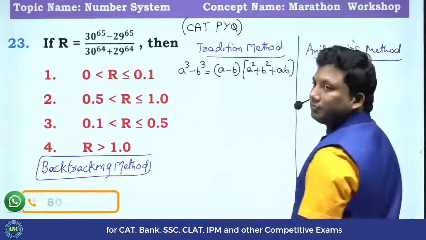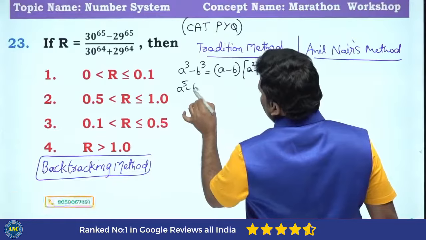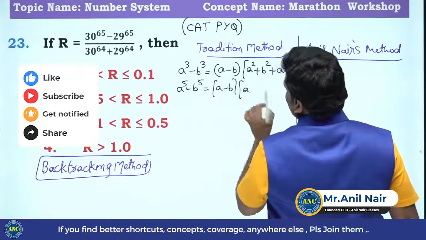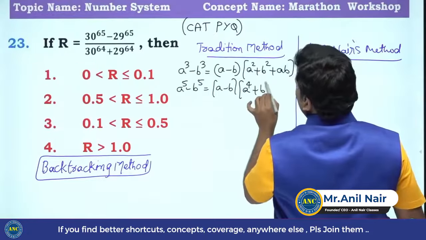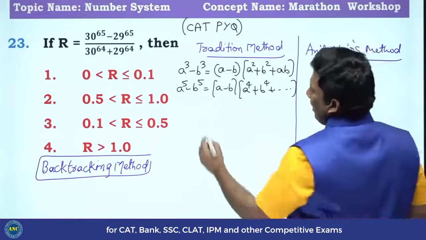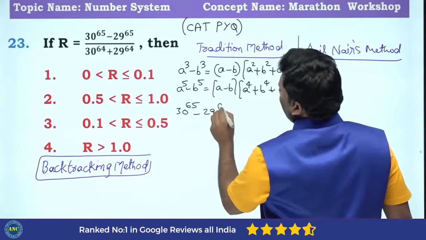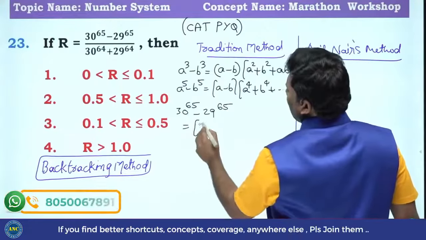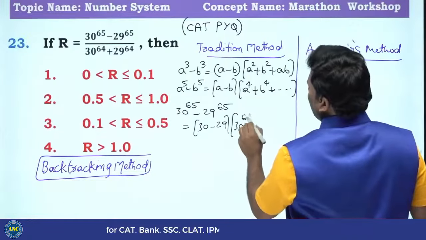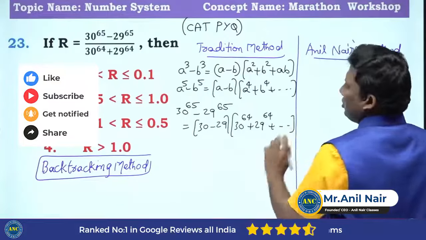Similarly, a power 5 minus b power 5 will be a minus b into a power 4 plus b power 4 plus some positive value. So similarly, I can write 30 power 65 minus 29 power 65 as 30 minus 29 into 30 power 64 plus 29 power 64 plus some positive value.